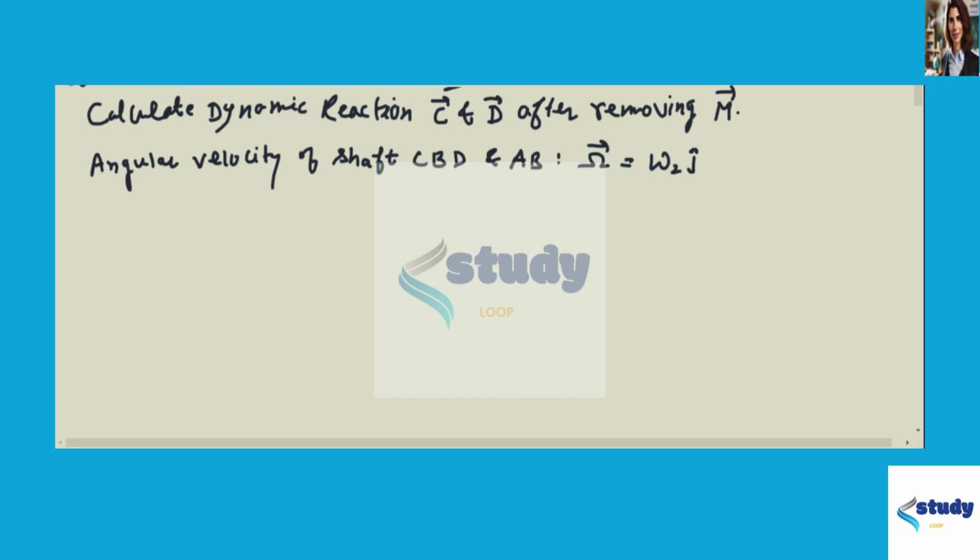Angular velocity of disk: omega is equal to omega 2 j cap.